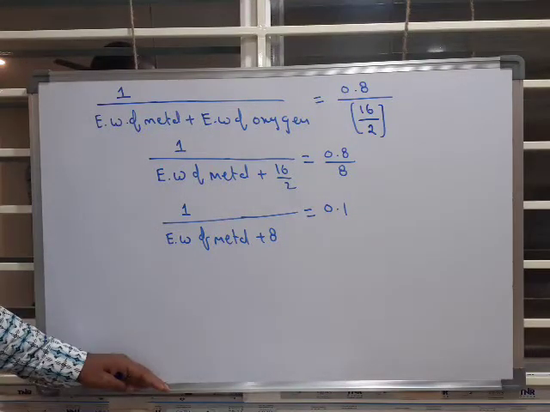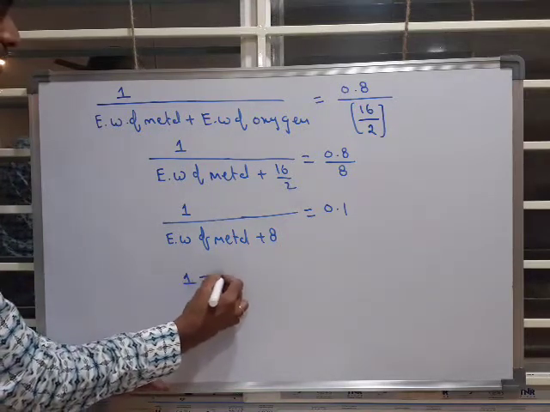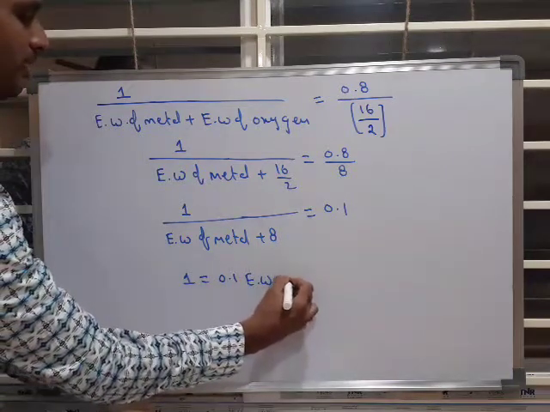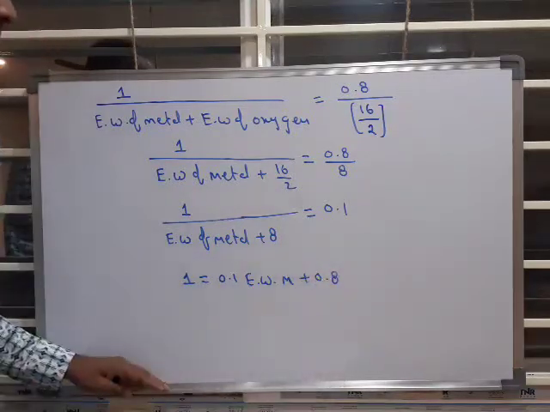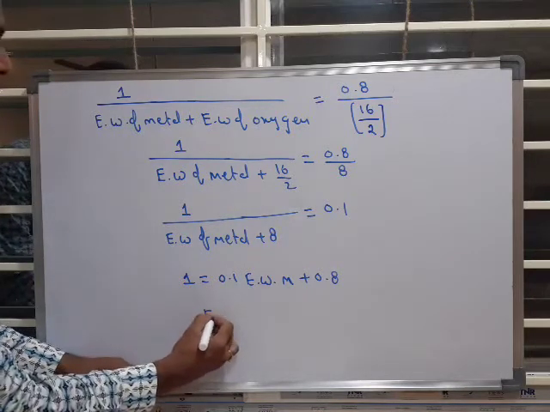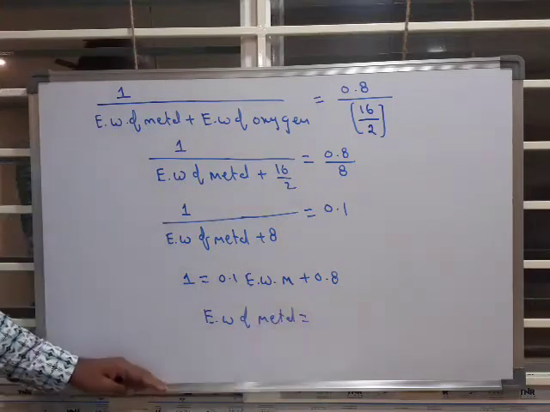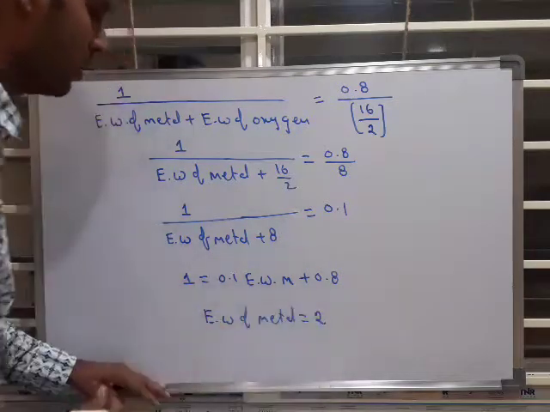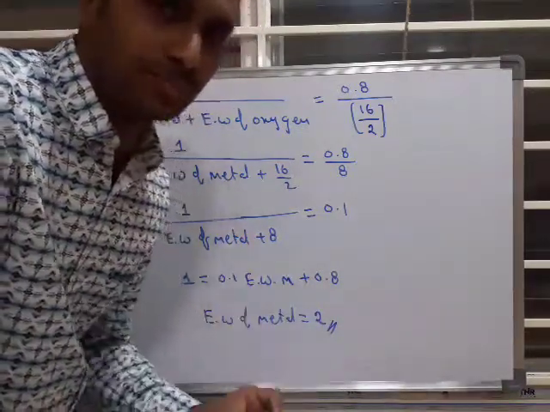So on this overall calculation, 0.1 into equivalent weight of metal, that's 0.8. We will get the equivalent weight of metal exactly 2. So on this calculation, the equivalent weight of that unknown metal is 2.